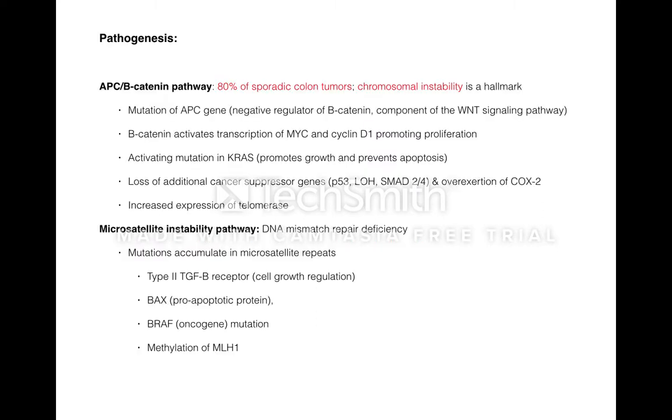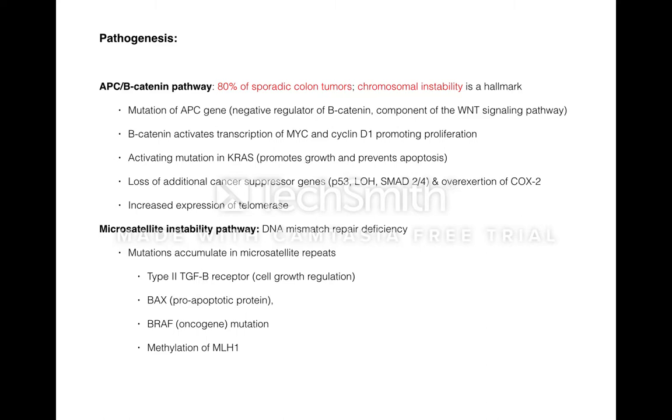Adenocarcinoma classically arises from a dysplastic adenoma precursor and follows one of two pathways of neoplastic transformation, either mutations in the APC or DNA mismatch repair genes. In the APC beta-catenin pathway, which accounts for 80% of sporadic colon tumors, the hallmark is chromosomal instability. So you start with the mutation of the APC gene, which is a negative regulator of beta-catenin and a component of the Wnt signaling pathway.